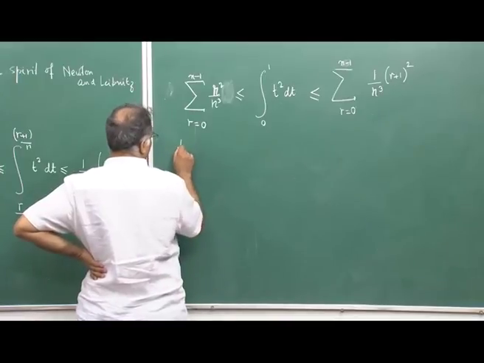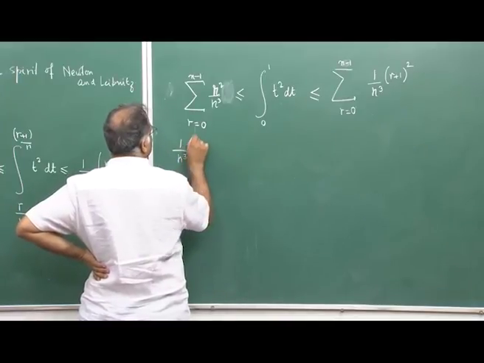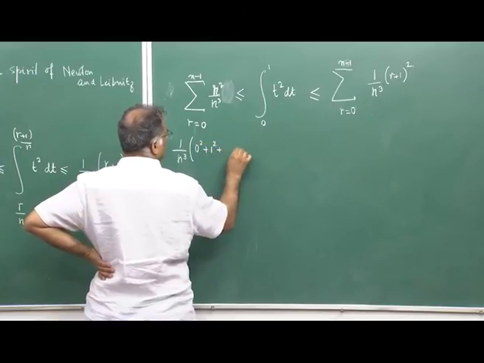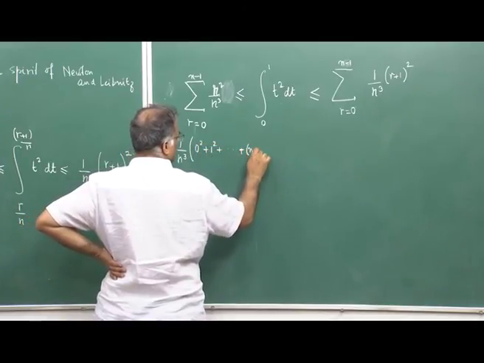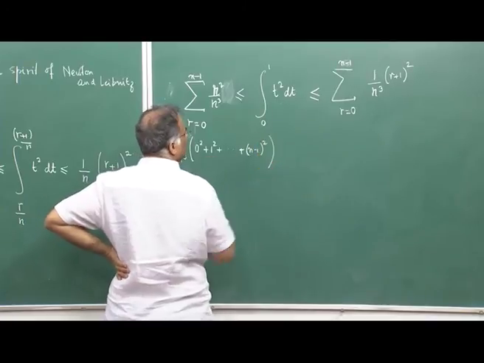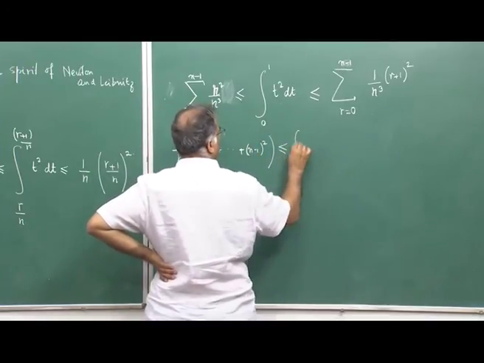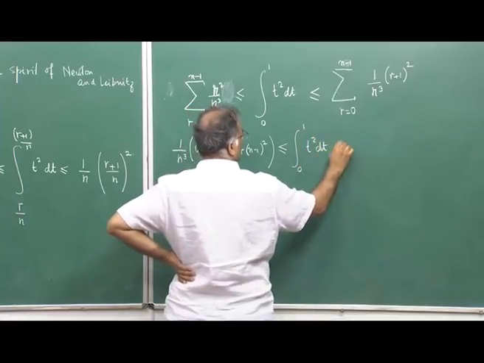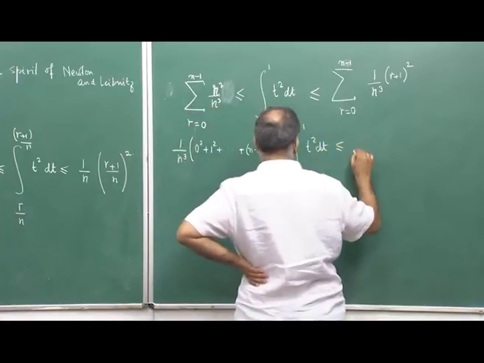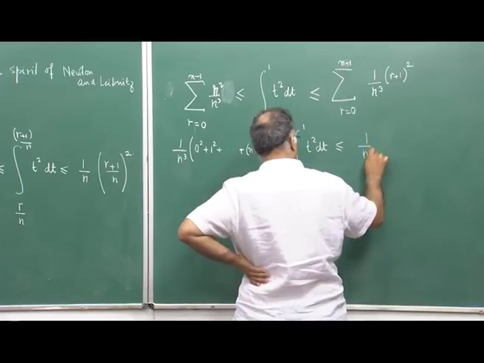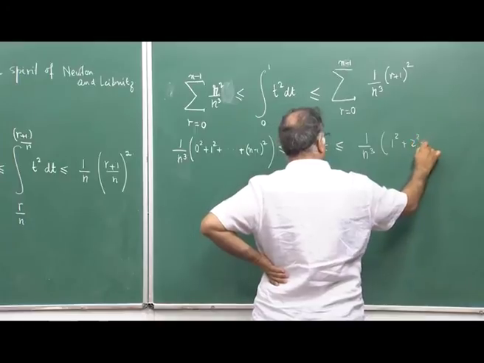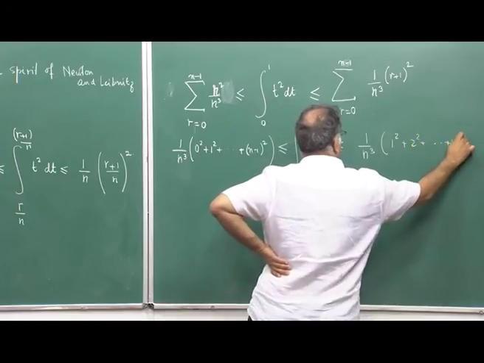So, basically you will have 1 by n cube times 0 square plus 1 square plus up to n minus 1 square, and this is less than or equal to the integral from 0 to 1 of t squared dt, and this is less than 1 by n cube times 1 square plus 2 square plus up to n square.